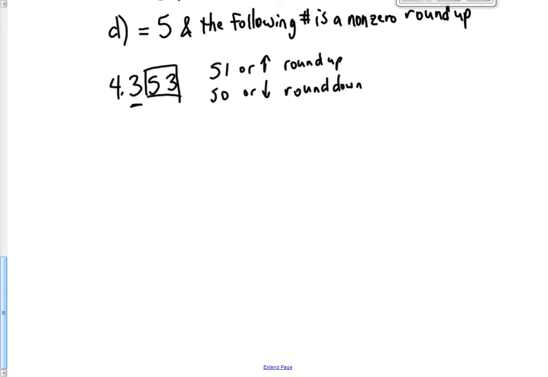So let's do some examples. Let's say that we have 0.03998. All right, and we want to round this to 3 significant figures. Okay, first thing we have to do is count to the 3rd significant figure. So you've got to be able to identify which one is the 3rd significant figure. There is a decimal present right there.